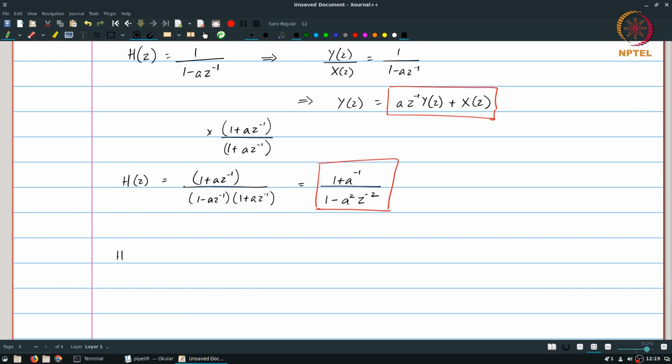I could also have written H of z as 1 plus a z inverse plus a squared z to the power minus 2, and by expanding out that term in the denominator, I get 1 plus a z inverse plus a squared z to the power minus 2 over 1 minus a cubed z to the minus 3.